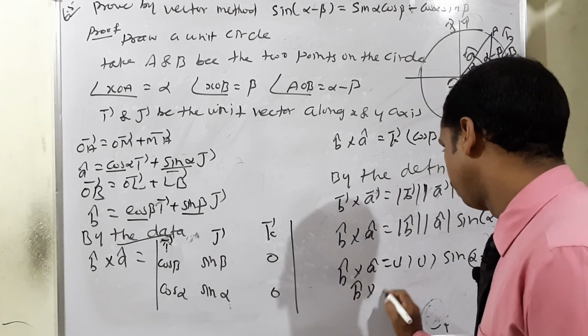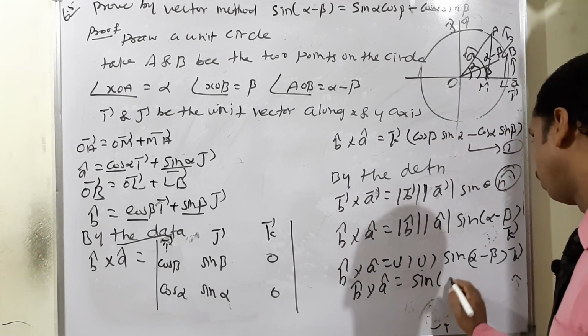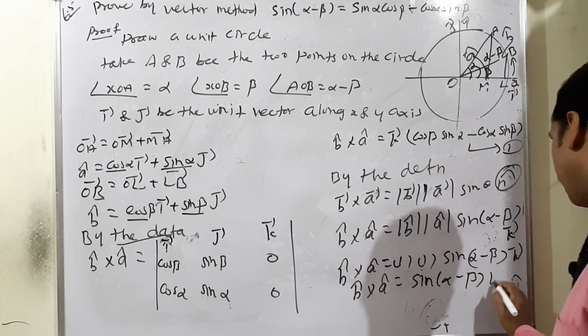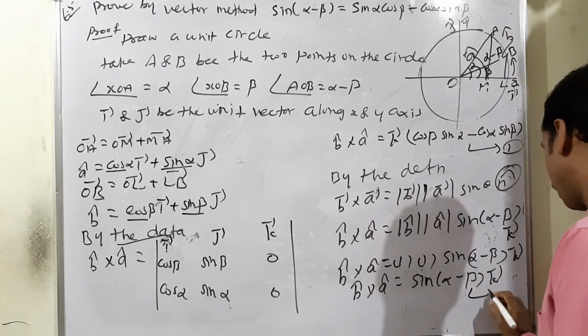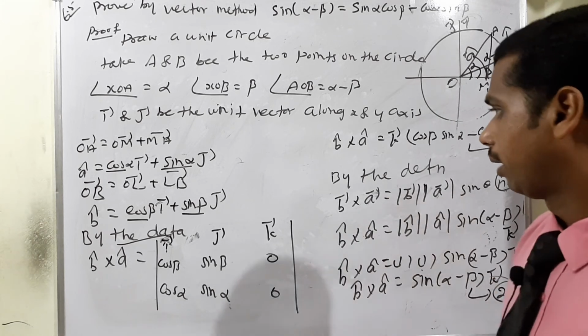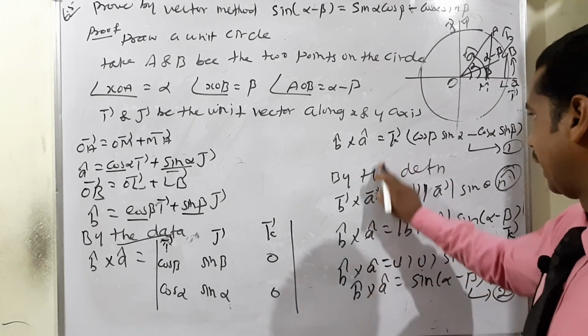Therefore, B cap cross A cap is equal to 1 into 1 means 1, sine of alpha minus beta into k vector. This is considered equation number 2. Look there, from 1 and 2, this is the same B cap cross A cap.